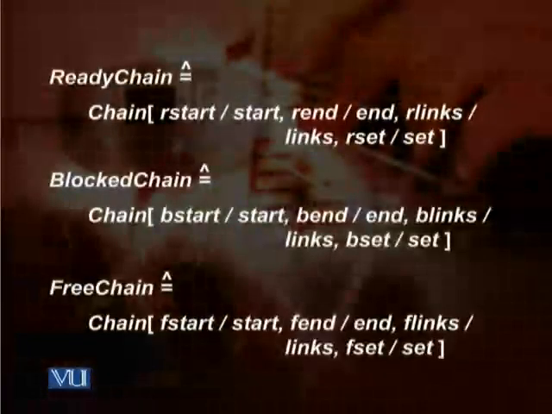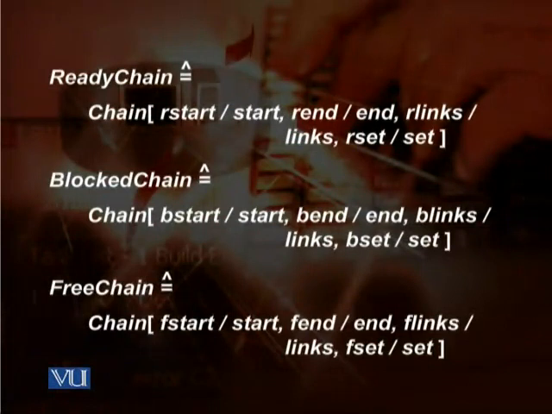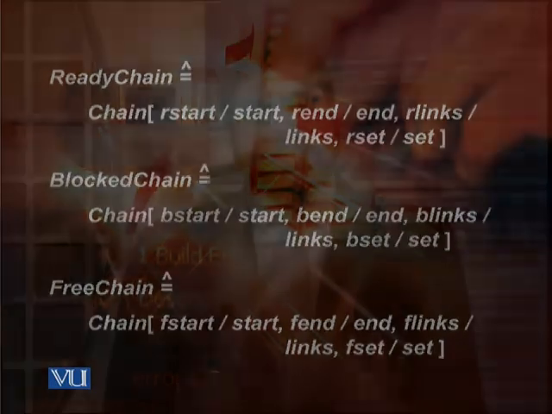So we have this ready chain. Ready chain is a chain with R start over start, R end for end, R links for links, and R set for set. Now this is another very interesting formulation and very useful one.